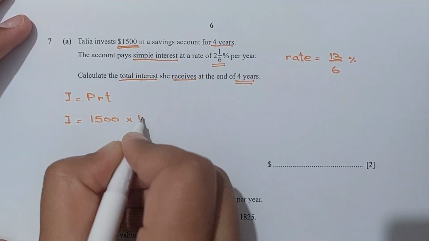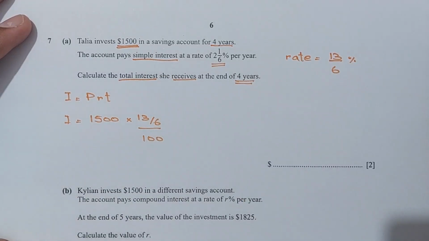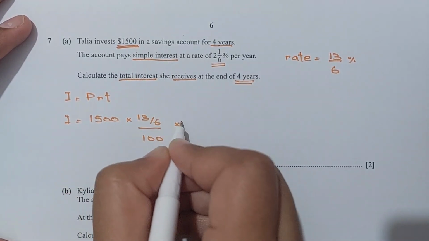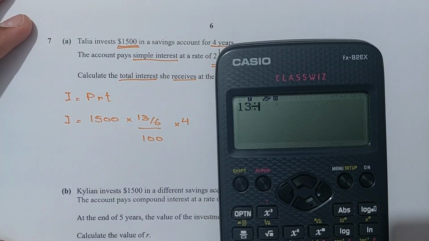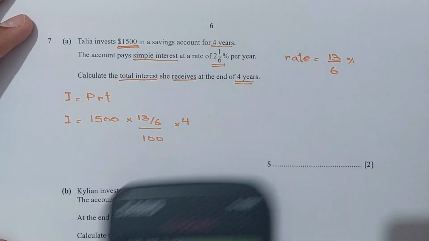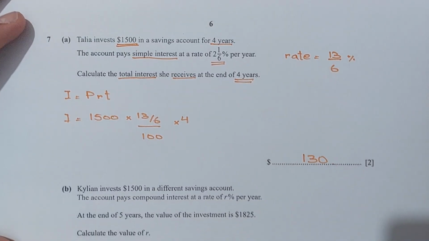R is the interest rate, which is 13 over 6 %, so for percent we have to divide by 100, multiplied by the number of years, 4. Just simplify: 13 over 6 divided by 100, times 4, and times 1,500, gives $130. This much interest she will earn at the end of 4 years.